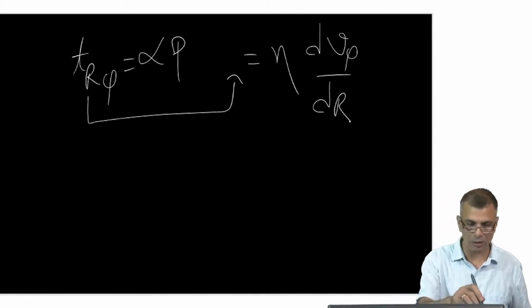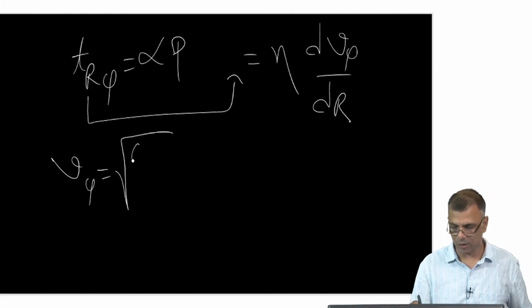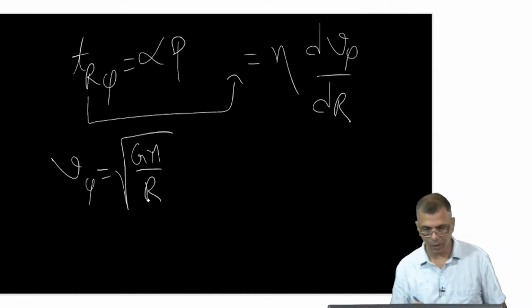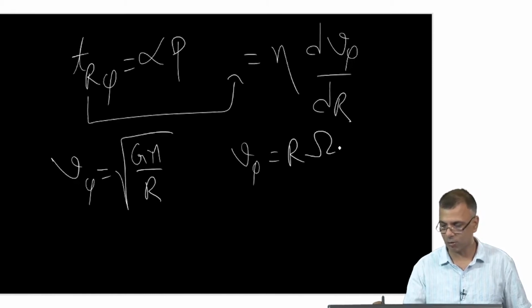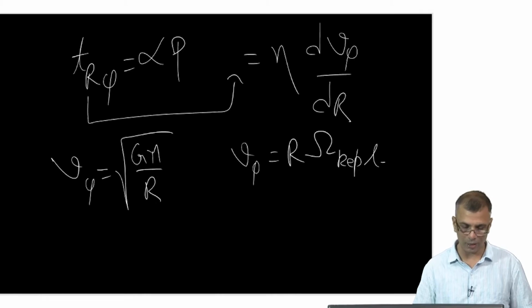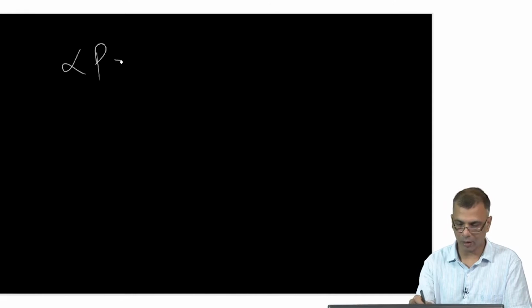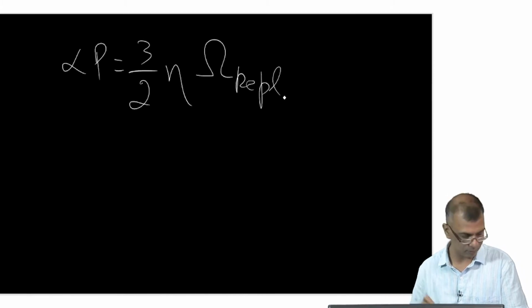And since Vphi is taken to be the Keplerian value, and Vphi can also be written as r times omega Keplerian, this equality can be written as alpha p is equal to 3/2 eta omega Keplerian.